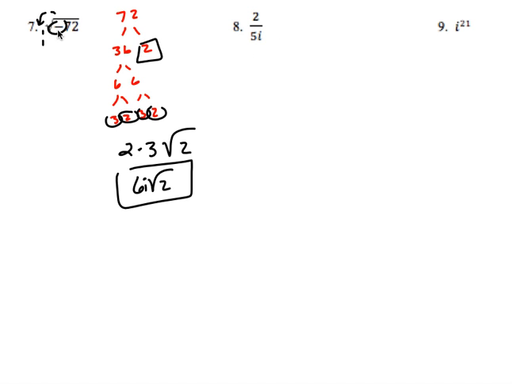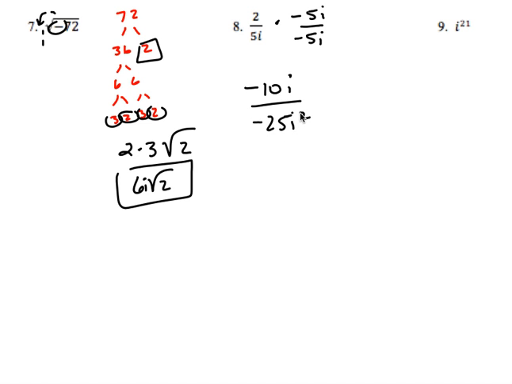Now 8 was supposed to be easy. By the way, you could have typed this into your calculator, but it would have given you a decimal, so you actually had to know how to do this one by hand. For this one, you could just multiply by the conjugate. Well, the conjugate of 5i is negative 5i. So 2 times negative 5i is negative 10i. 5i times negative 5i is negative 25i squared.